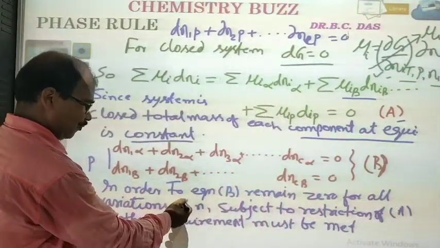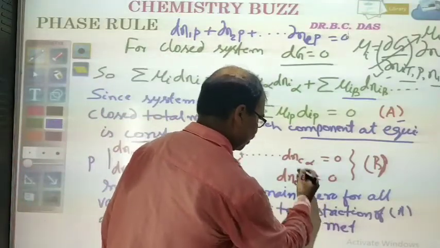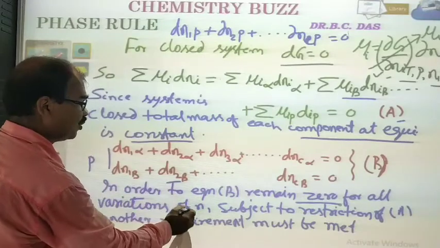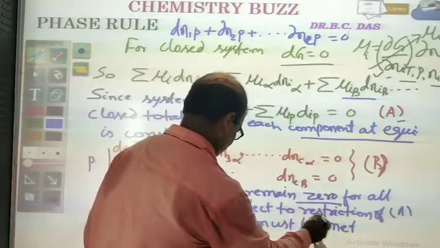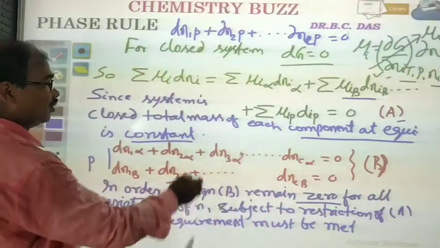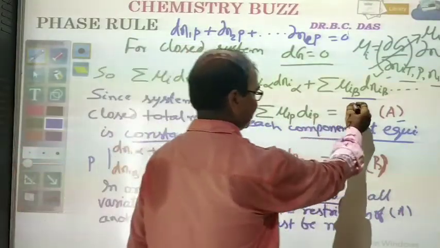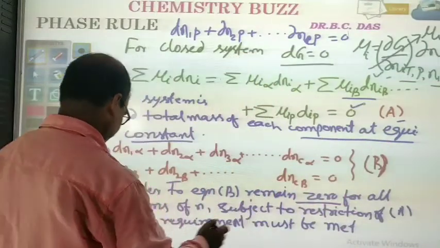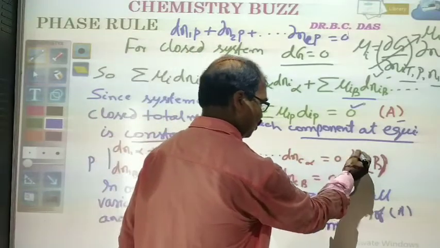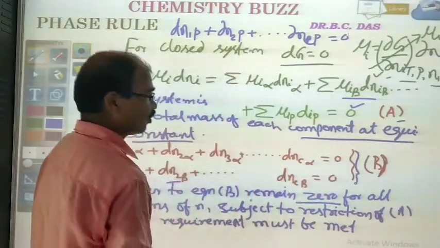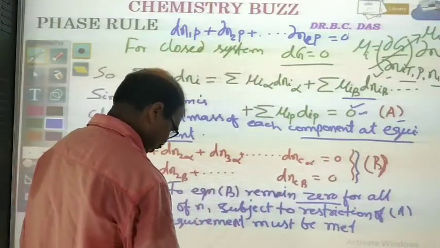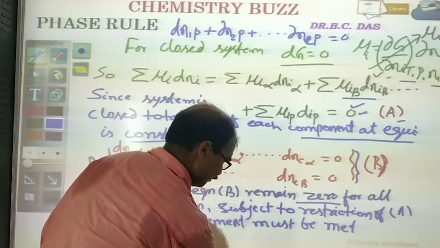In order for equation B to remain 0, for all variations of n subject to the restriction of A, another requirement must be met. In order to attain this condition, we have another condition.